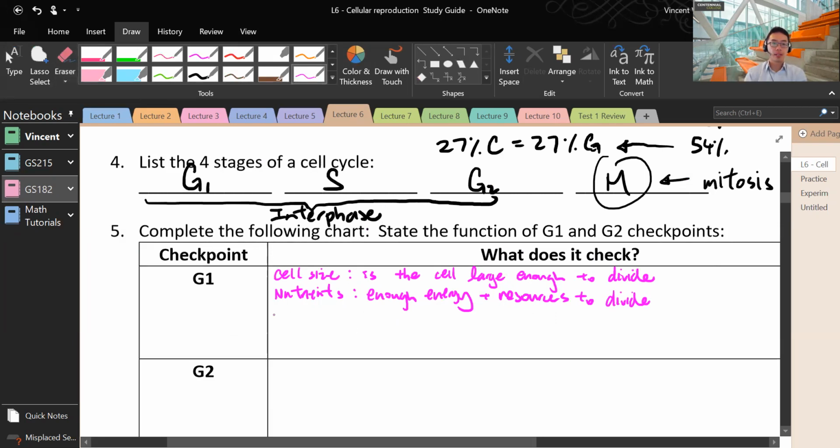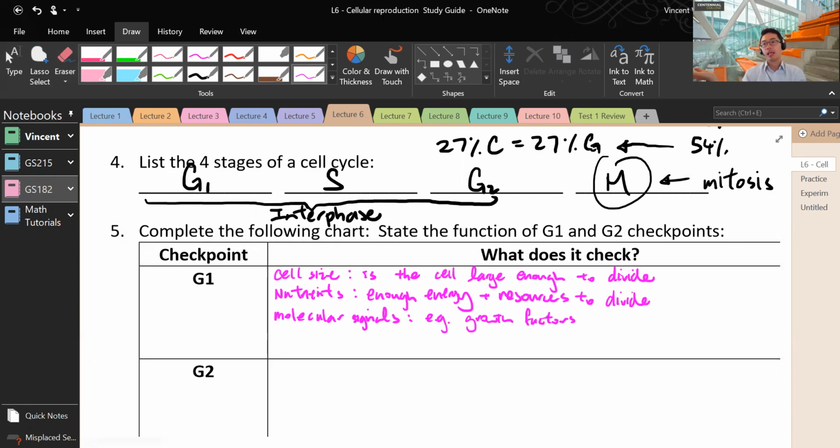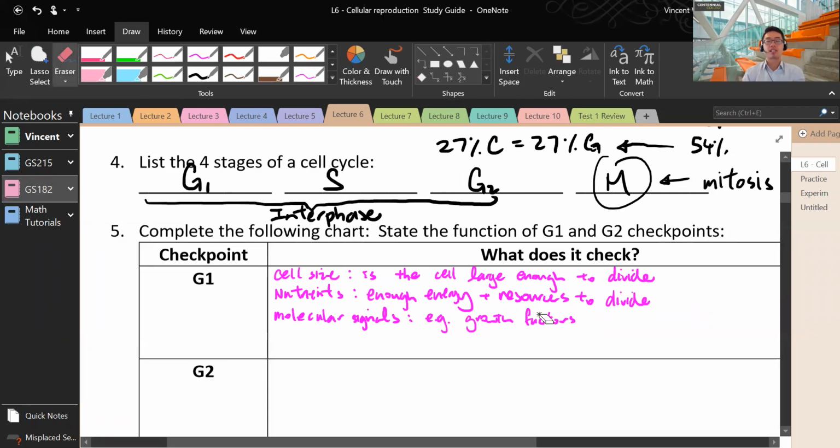Okay, so there are other things like molecular signals. Okay, so example of a molecular signal is like growth factor, right? There are growth factors that would encourage cell division. If you think about like a baby growing, right, they're going to need a lot more cells to get bigger and bigger, right? Like as a person, right? So there are going to be a lot of growth factors that stimulate that.